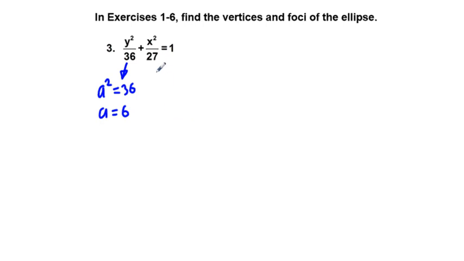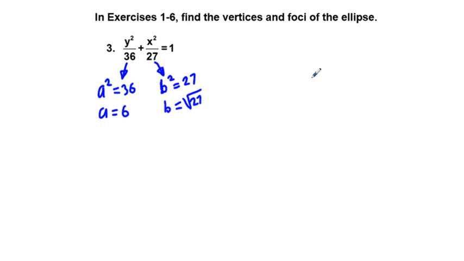For the minor axis, we'll say b squared is equal to 27, and so b is equal to the square root of 27. That's the semi-minor axis, and it's going to be a little bigger than 5.